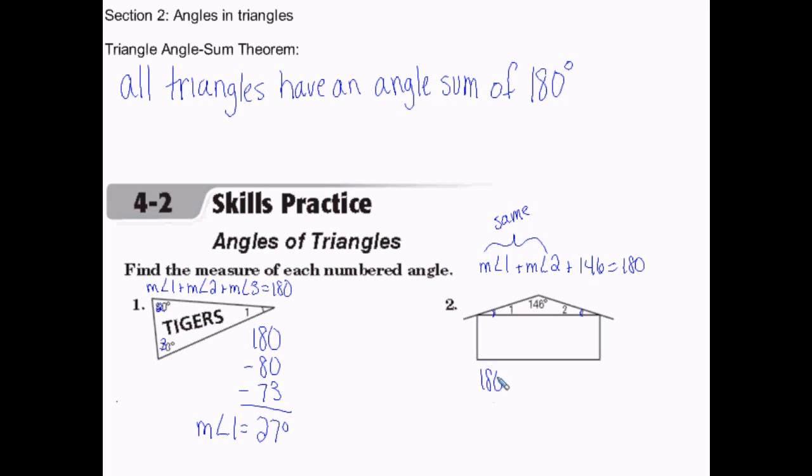So we're going to do 180 minus 146, and that's going to give me 34. But there's two angles here, so 17. So the measure of angle 1 and angle 2 are both 17 degrees. Because they're the same, we just divide by 2.